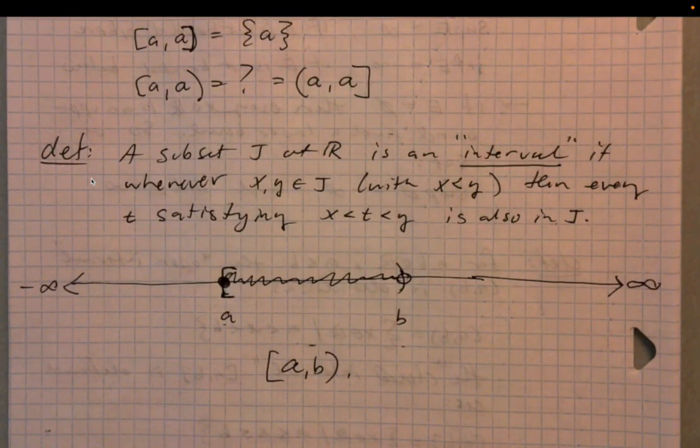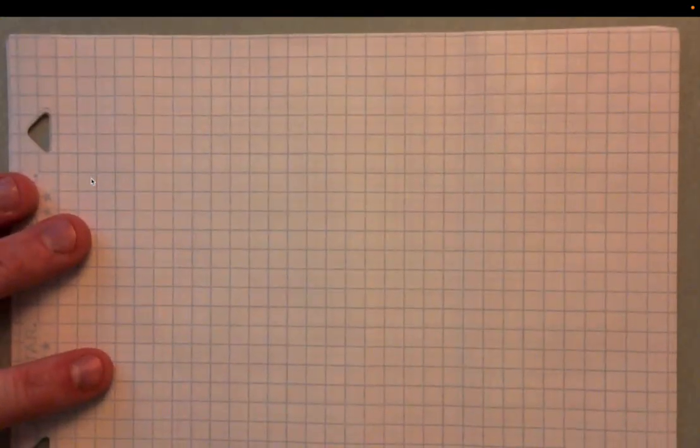We just have to make sure that this is all clear, because we're going to be talking about intervals very rapidly and with a lot of frequency, and we need to know precisely what is meant by it. Okay, so let's next take a look at a few consequences of the least upper bound property.